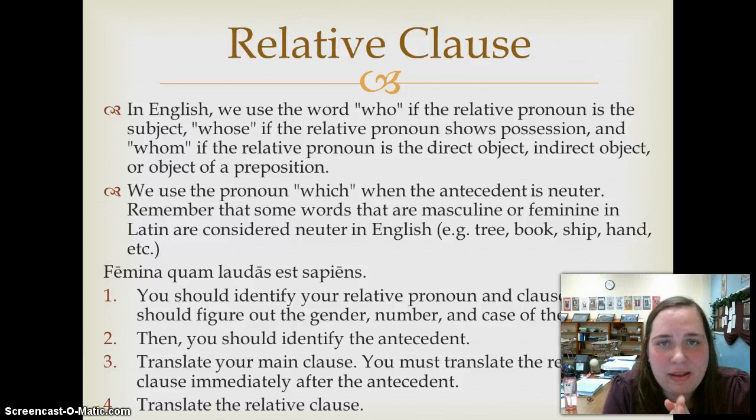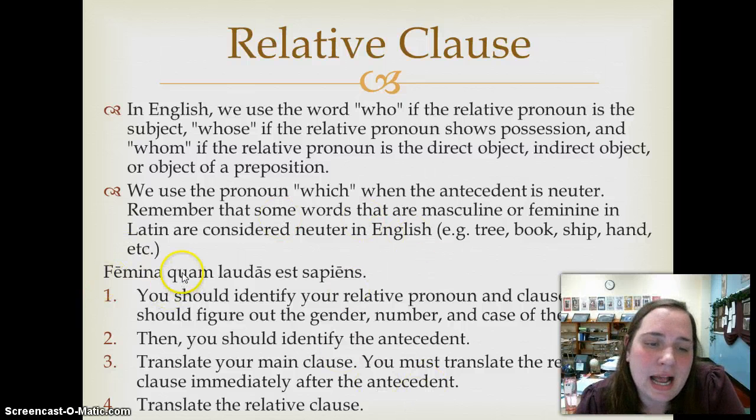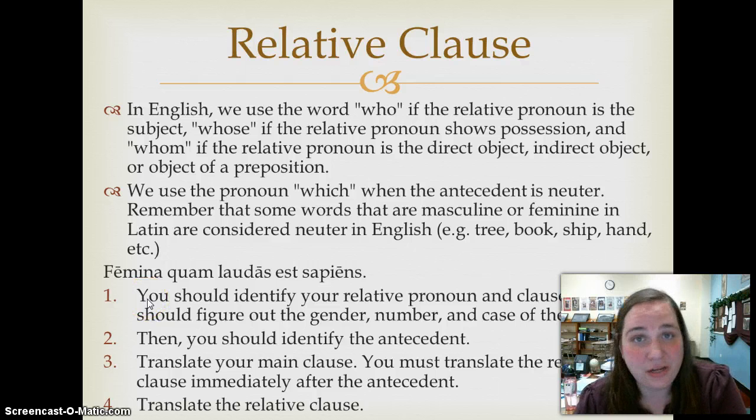Okay, so strategies for translating relative clauses. Follow these 4 strategies, these 4 steps, okay? Here is a sentence that has a relative clause in it. Femina quam laudas est sapiens, okay? The first thing you want to do is identify your relative pronoun and your relative clause.